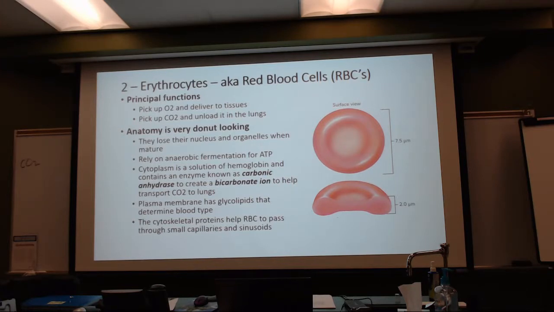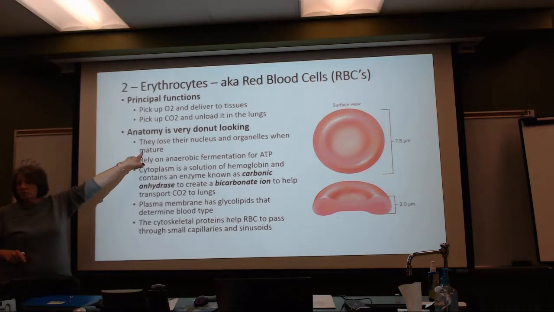So in the red blood cell, when we have a mature red blood cell, all of their organelles have been spit out.